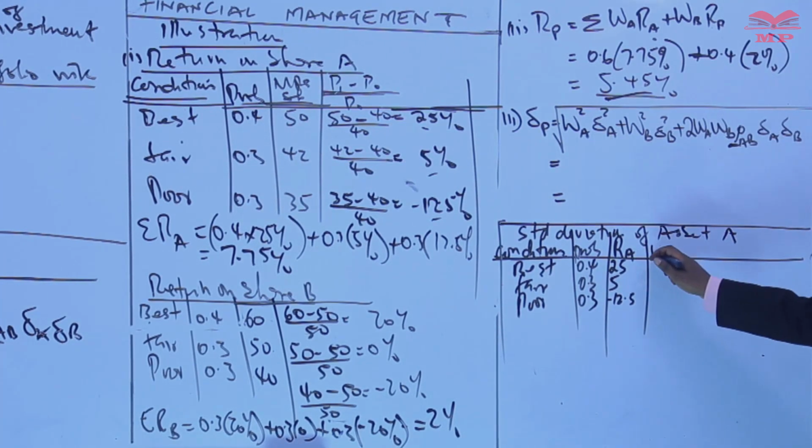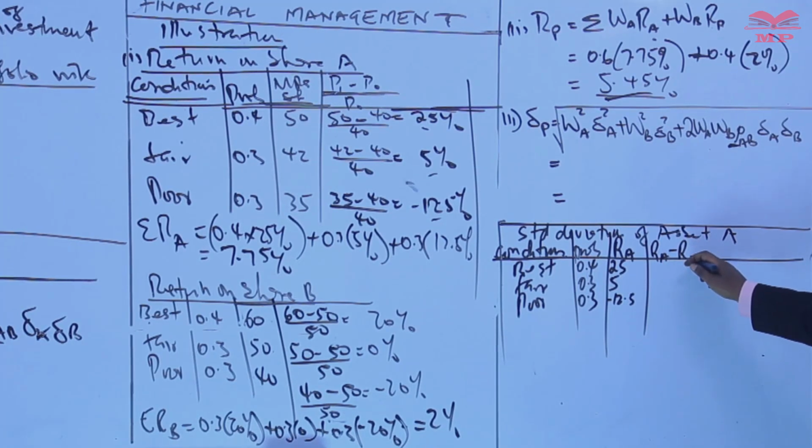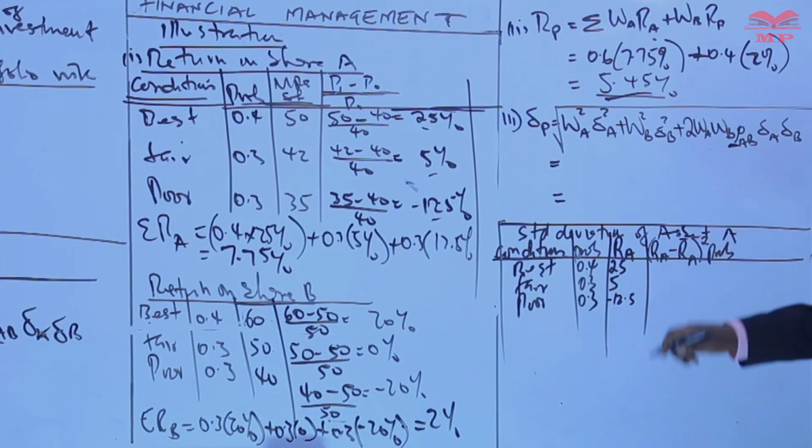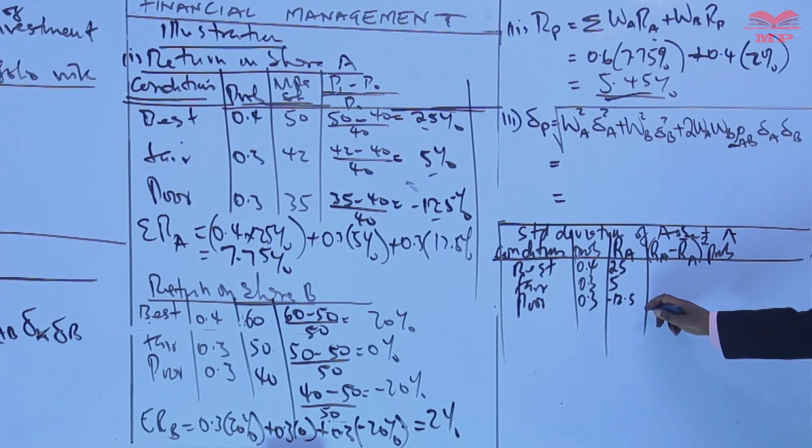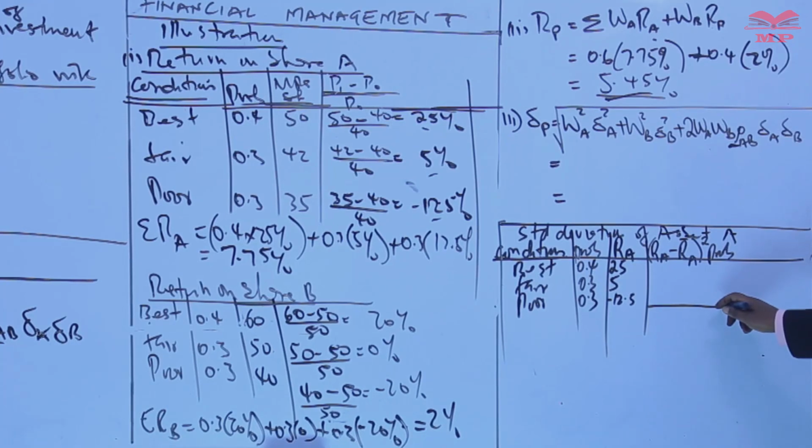Then you have the deviations, RA minus RA bar. This is the deviation. We'll square the deviation, then multiply by the probability. So the answer we get here will be the variance.